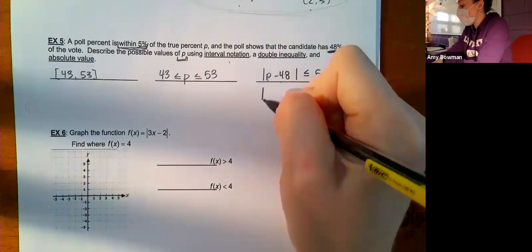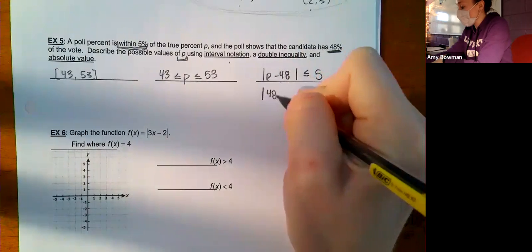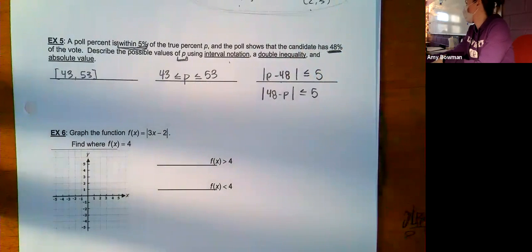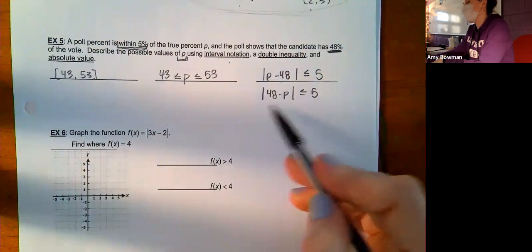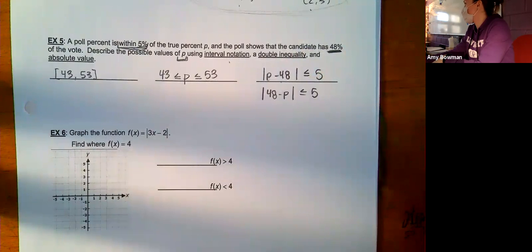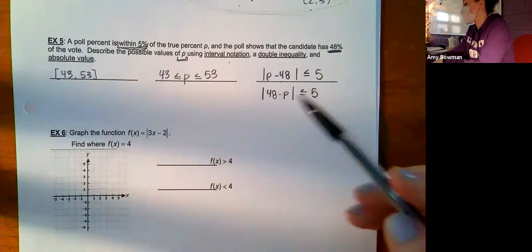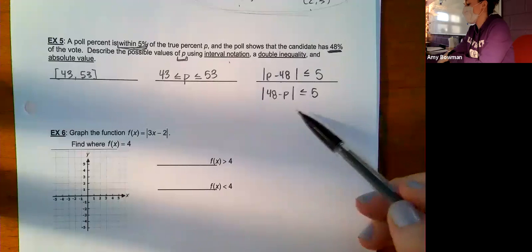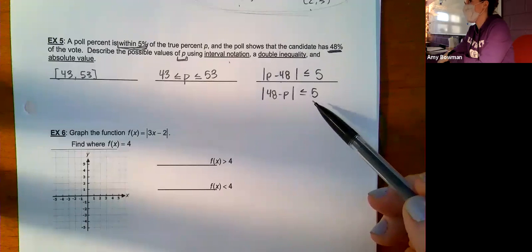Now, could you have said 48 minus P? Yes, that would be different. Right, but we're taking the absolute value, right? The difference between 48 and the actual percent needs to be less than or equal to 5.